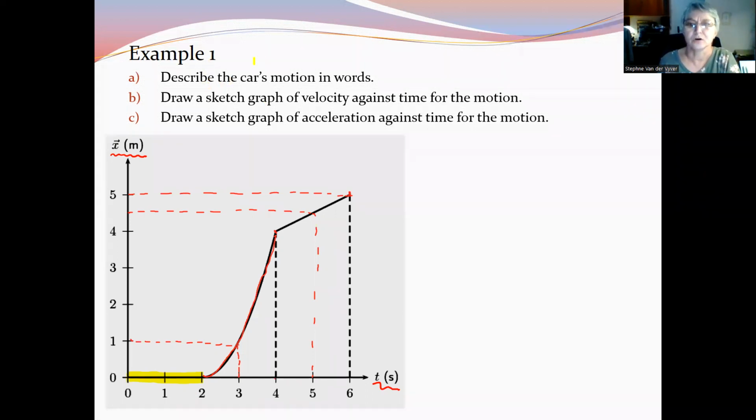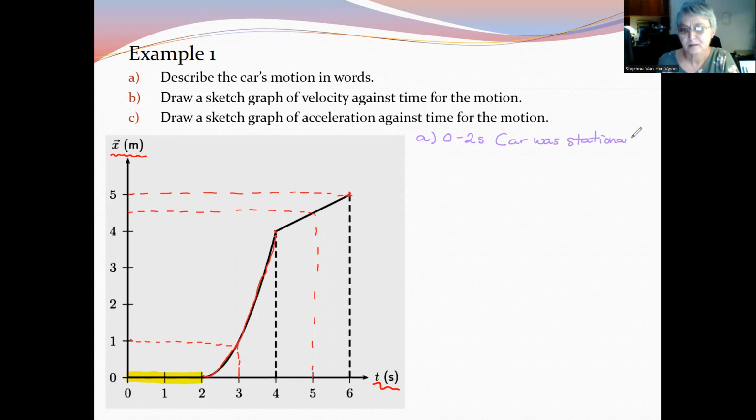For number A, from 0 to 2 seconds, the car was stationary.